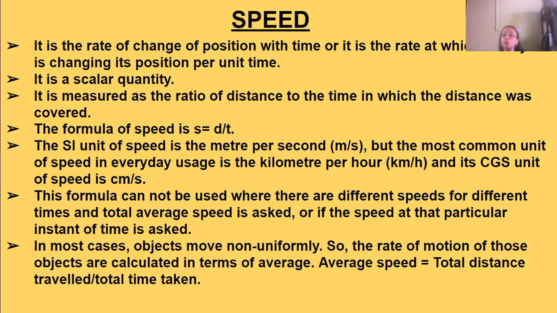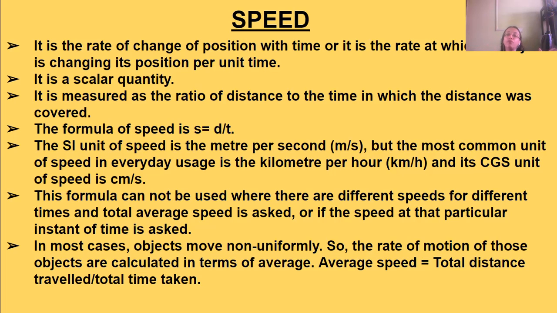So what is the average speed formula? It will be the total distance traveled divided by the total time taken. For example, for the first hour you move very slowly because the road has many ups and downs, and in the second hour it is a very smooth road.